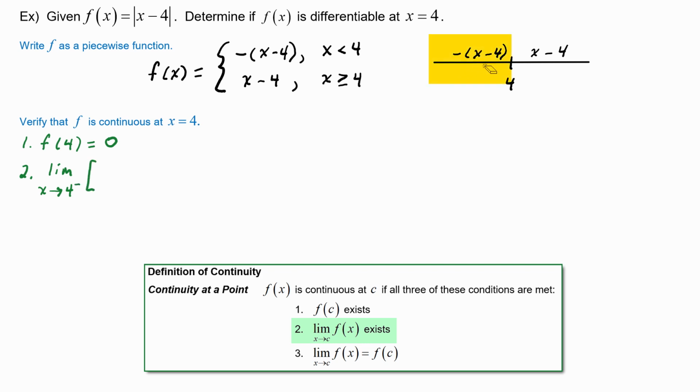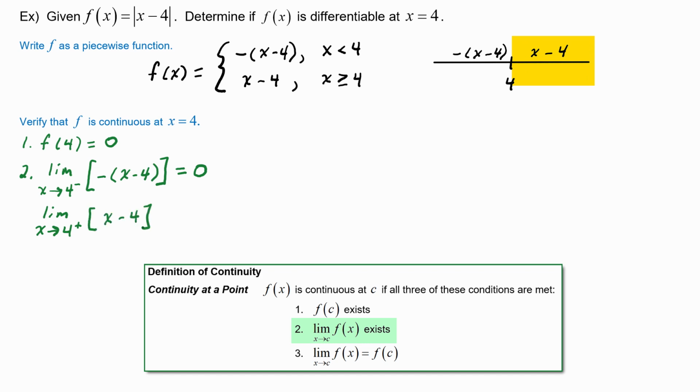When we're coming into 4 from the left, it means we're using this piece, which is the opposite of x minus 4. And if we plug 4 in, we get 0. So that one exists. Then we have to look at the limit as x approaches 4 from the right. When we're coming in from the right, we have to use this piece, which is x minus 4.